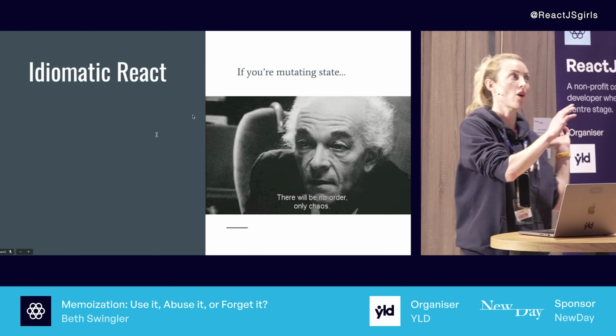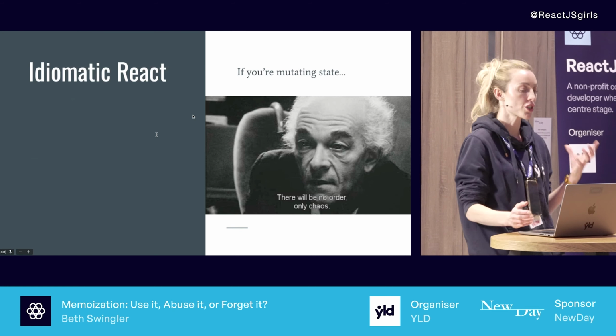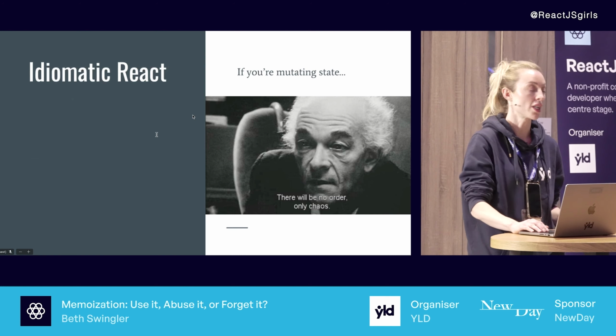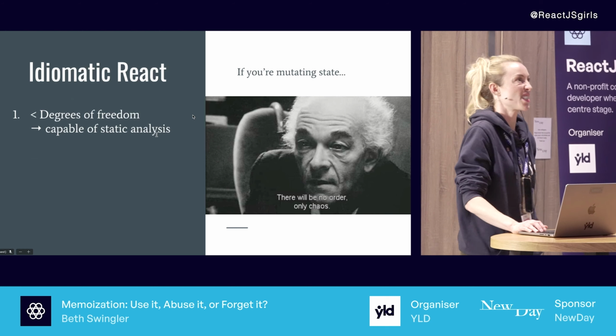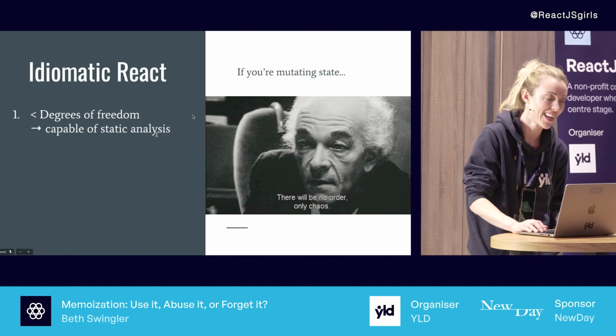Modern React, unlike old school React, has fewer degrees of freedom. It's been pursuing a pure functional model where it's just functions calling other functions, right? That lends itself really well to static analysis. And it also lends itself really well to working with your colleagues, I think.